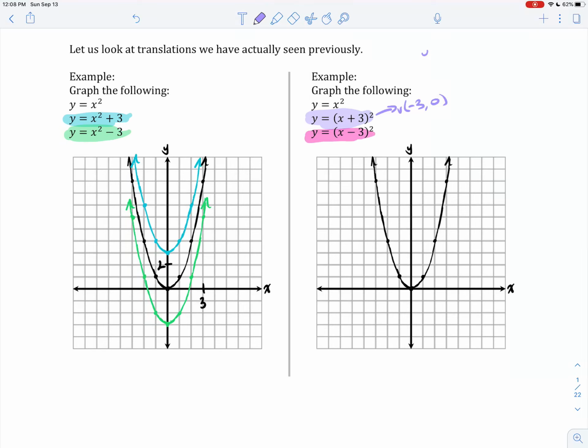And that's basing things on this form of a parabola, that vertex form, where P is the x of the vertex and Q is the y of the vertex. So we have that vertex at -3, 0, which is over here. And from there we can draw the rest of the points.